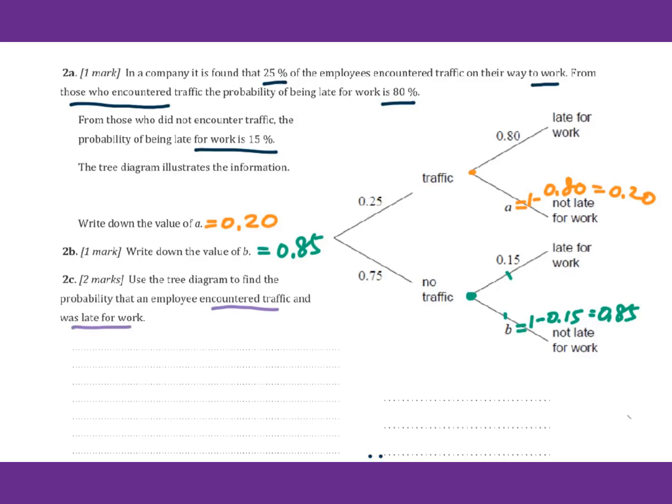Encountered traffic, that means this one. And late, that's this one. So we use these two lines, we do multiplication. Therefore, probability equals 0.25 times 0.80, you will get 0.20. Or you can just write down 0.2.